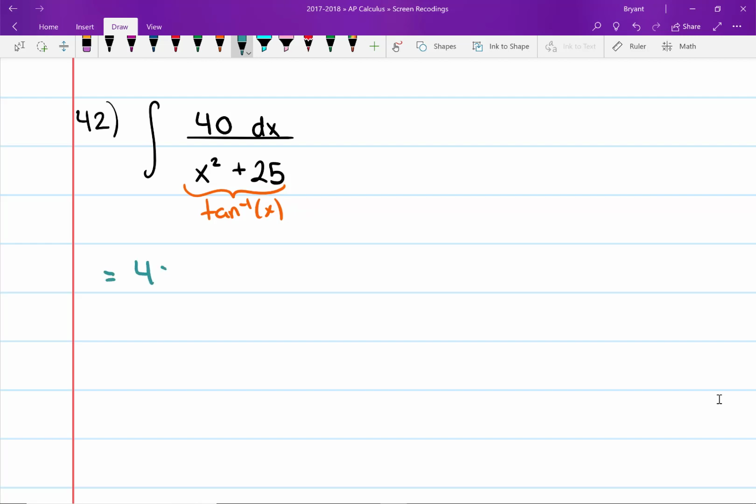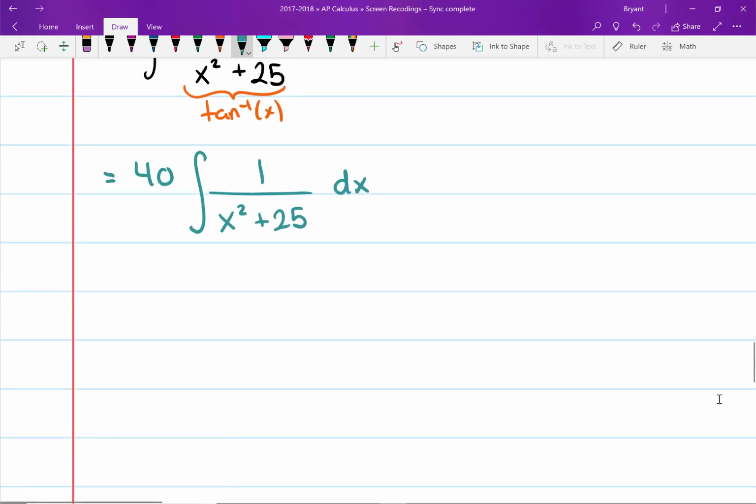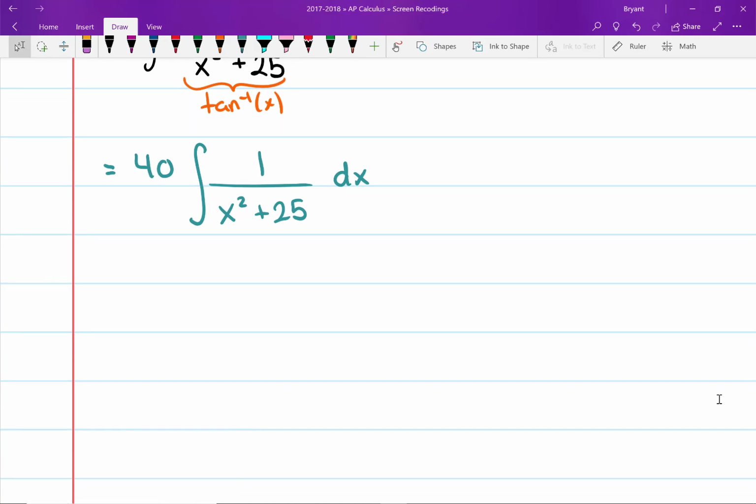So this is equal to 40 times the integral of 1 over x squared plus 25 dx. Now before I can make that tangent inverse, I need that to be x squared plus 1. It's got to be the 1 to do the tangent inverse. So this is equal to 40 times the integral of 1 over, I'm going to go ahead and factor out a 25.